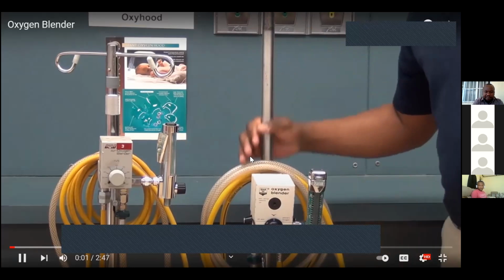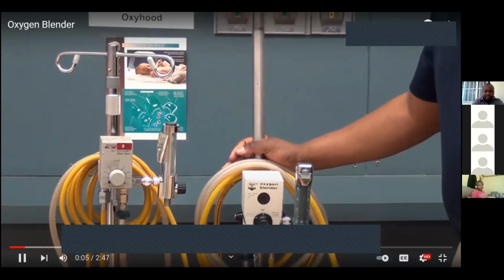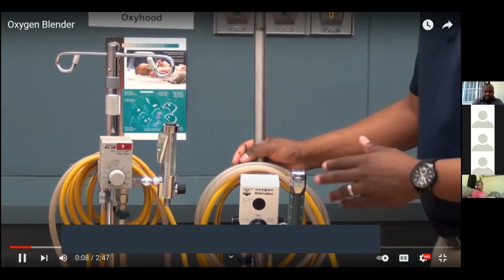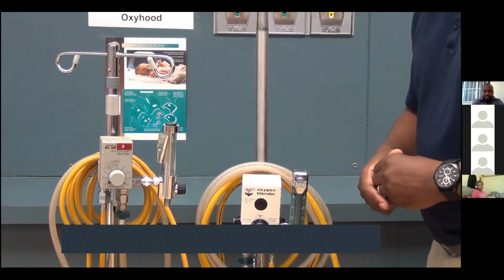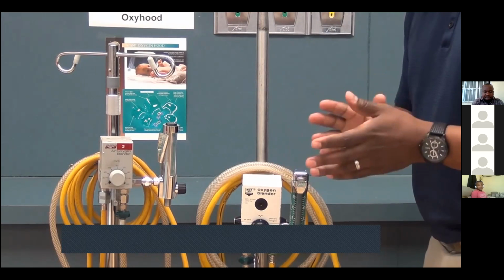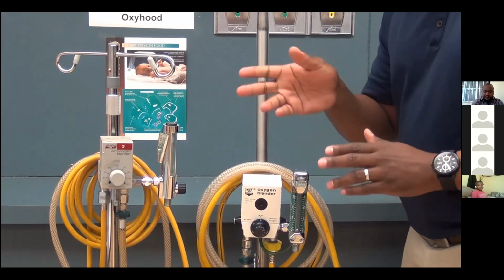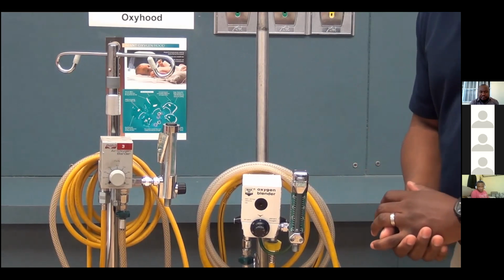The oxygen blender is used to deliver an exact FiO2 to our neonatal patients. The purpose of providing an exact FiO2 is to minimize the complications associated with oxygen therapy. The more commonly known conditions are ROP, retinopathy of prematurity, and BPD, which is bronchopulmonary dysplasia.